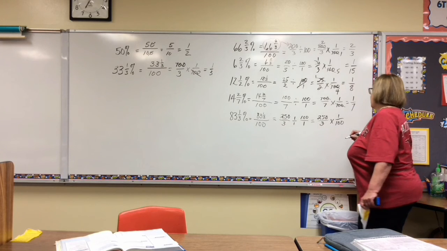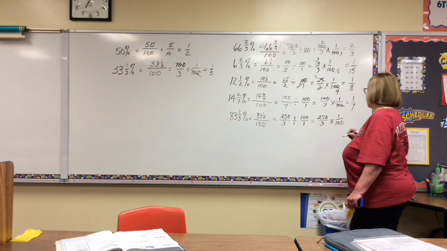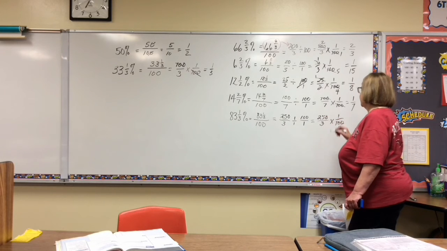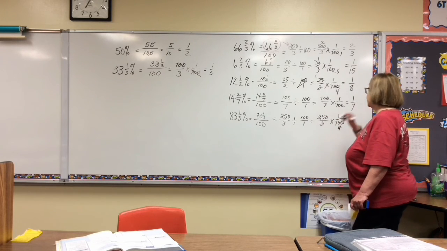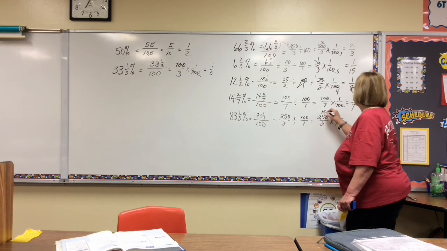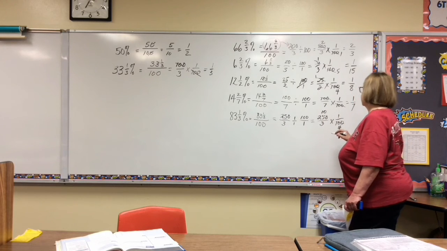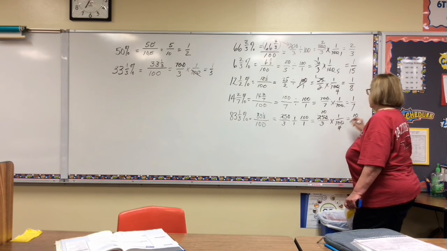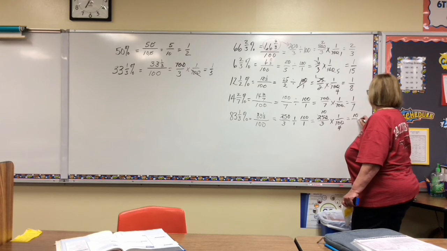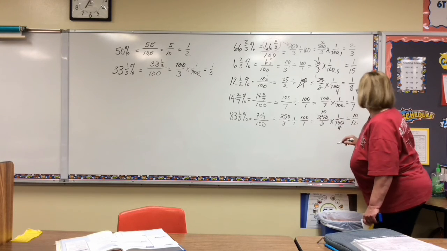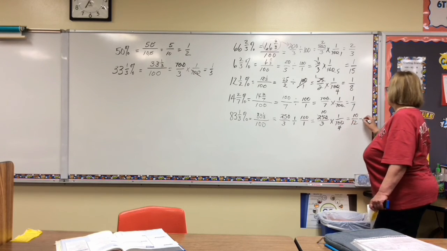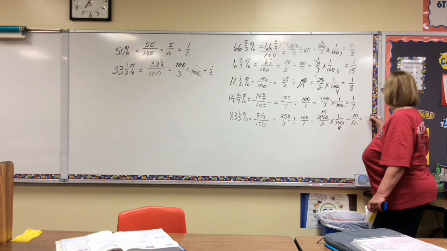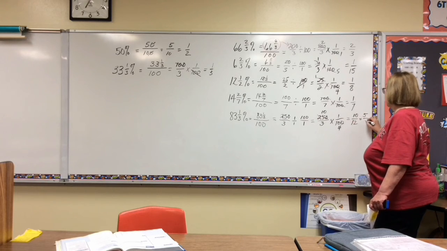Okay? 25 goes into 100 4 times. 25 goes into 250 10 times. So we end up with 10 times 1 is 10. 3 times 4 is 12. I could have done it by 50s. That's not in lowest terms, obviously. So I've got to change that to 5/6.